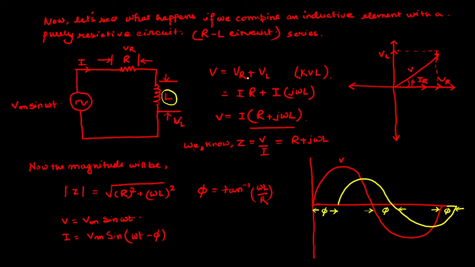So V equals VR plus VL. From here we can write VR as I into R, where I is the supply current multiplied by the resistance, and the voltage drop across the inductance is I multiplied by j omega L, right?